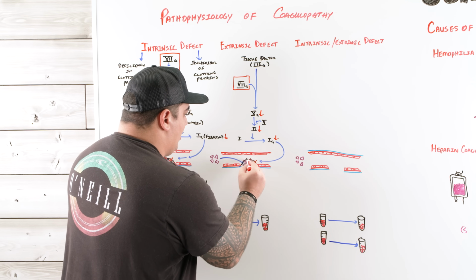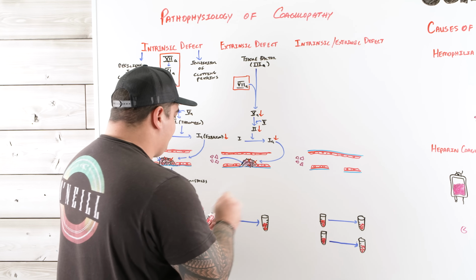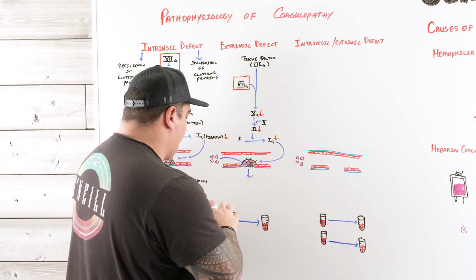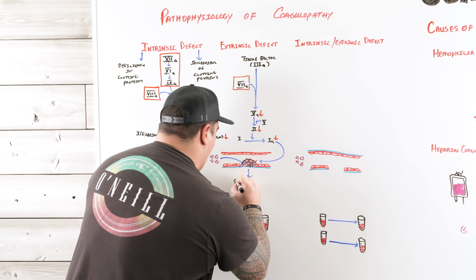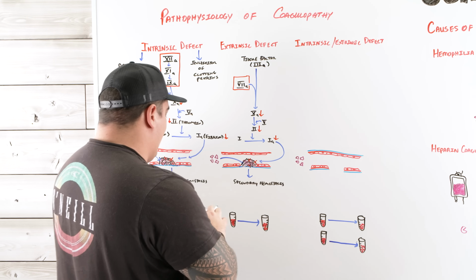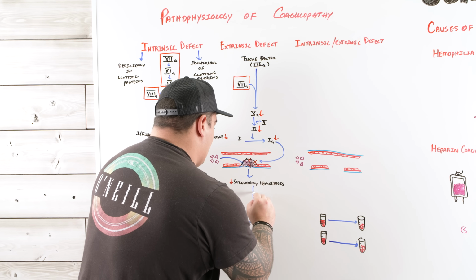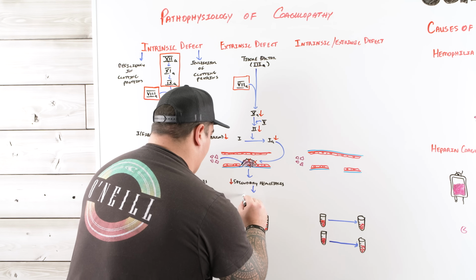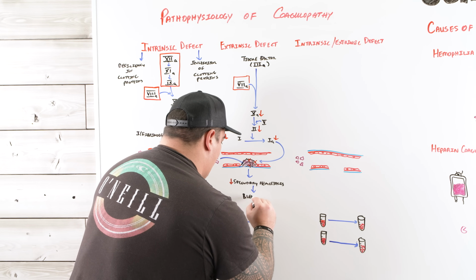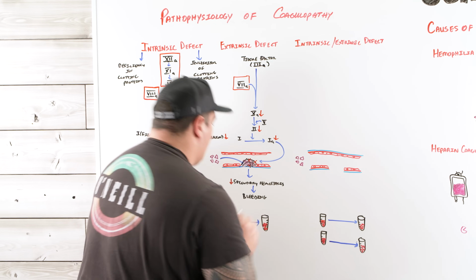Nope. If you can't form this plug, can you stop yourself from bleeding? No. And if you can't stop yourself from bleeding, this is what we would refer to as an abnormality in the coagulation cascade, referred to as bleeding. All right? Or coagulopathy, I'm sorry.